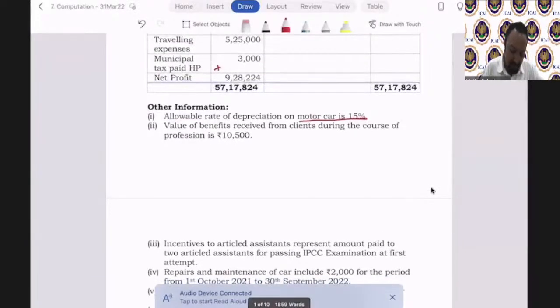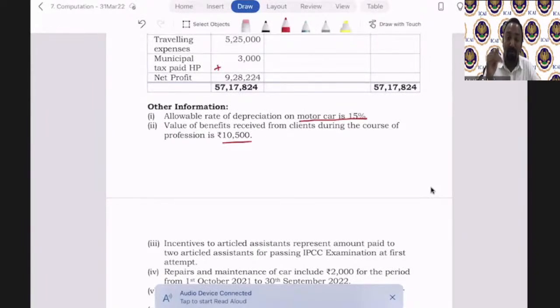Value of benefits received from clients during the course is 10,500. Now the question comes whether your income should only be in cash or can also be in kind. As far as business or profession is concerned, it can also be in kind. So the market value of that kind will be treated as your income. This 10,500, it says it's not included in P&L, so you'll have to include it as income.